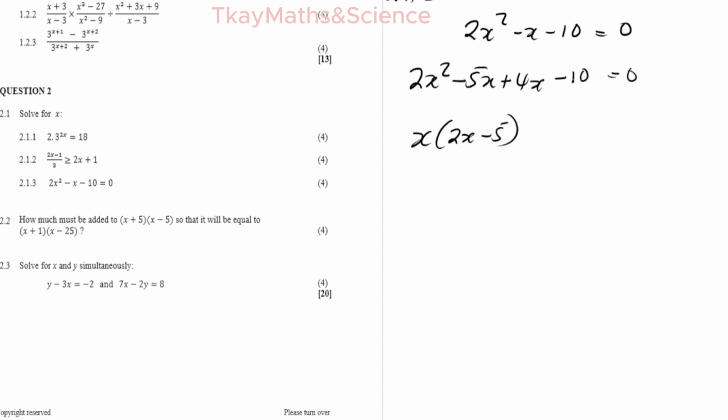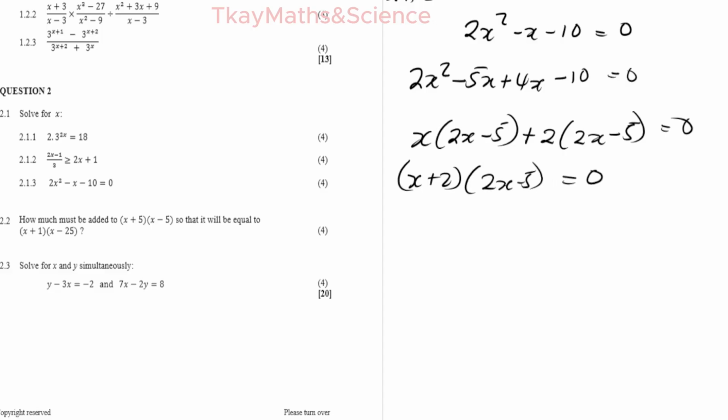Then here, we can factor out 2: plus 2 times 2x minus 5, equal to 0. Now we get these brackets, x plus 2, 2x minus 5, equated to 0.